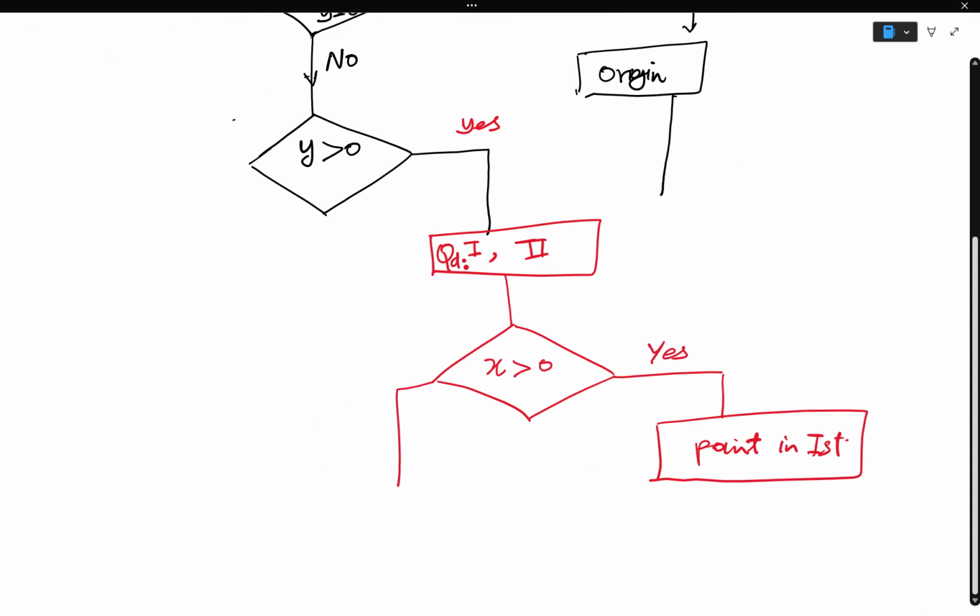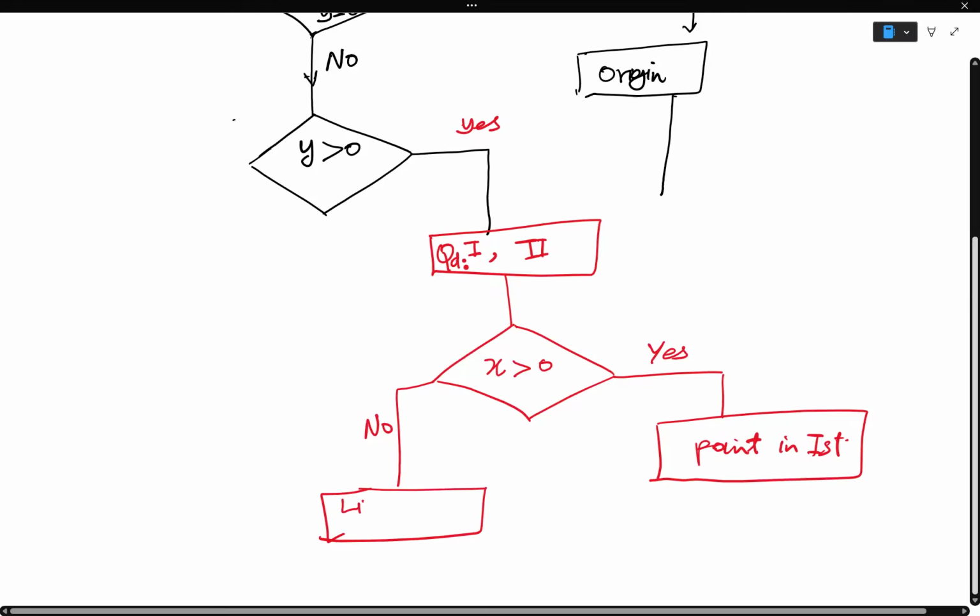If this is not true, then we have the other option, that it lies in the second quadrant.